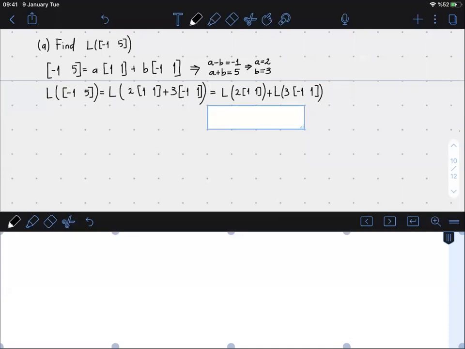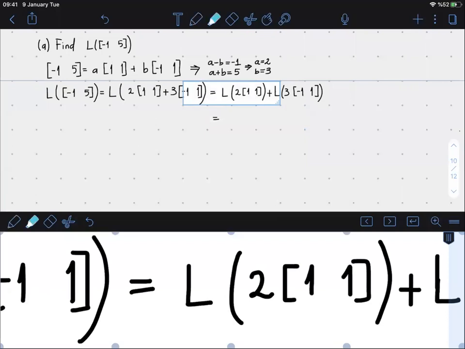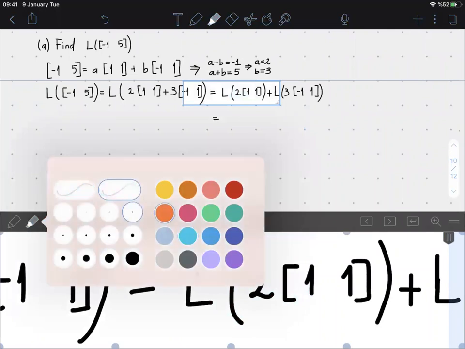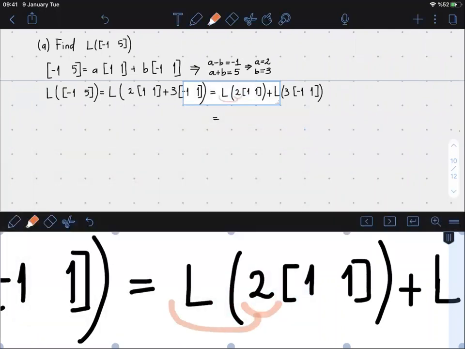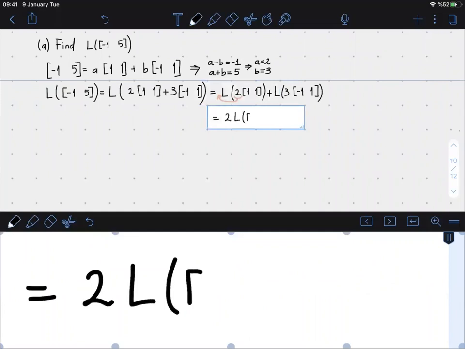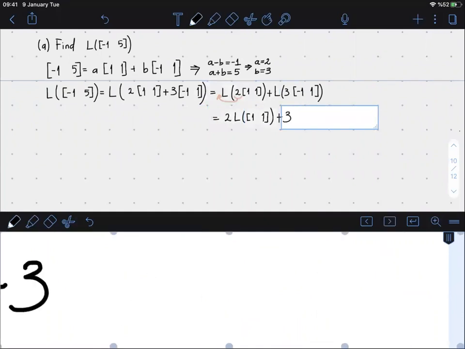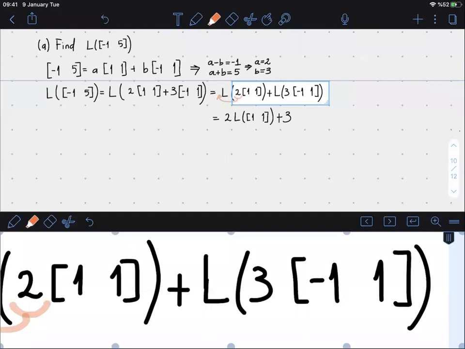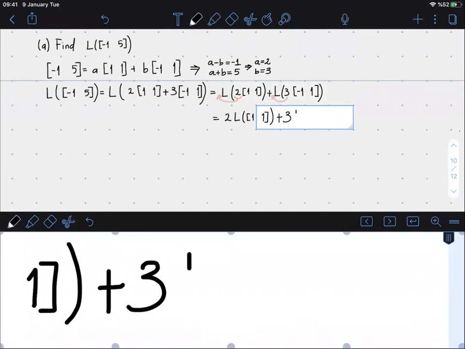Now I want to take the scalars outside, which I can also do by linearity. So this is 2 times L of (1, 1) plus 3 times L of (minus 1, 1).